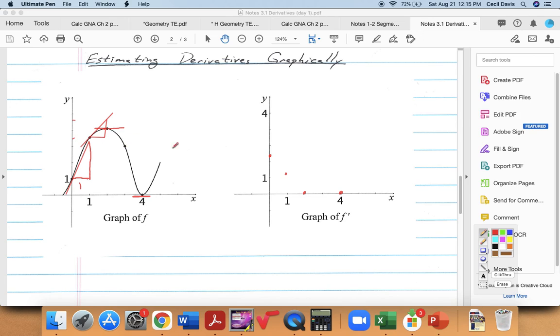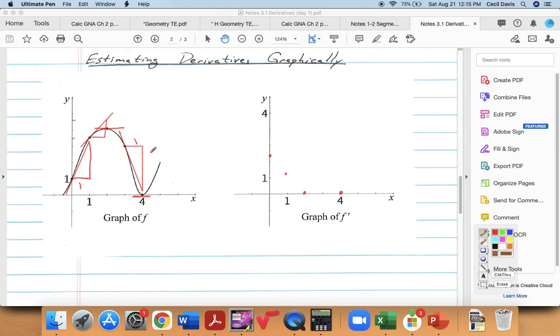At 3, again, I can draw in a tangent line. Looks about like that. I want to be sure to draw it long enough to where I can get it at least to 4, so I can draw in a slope triangle. Over 1. And notice I'm going down this time.